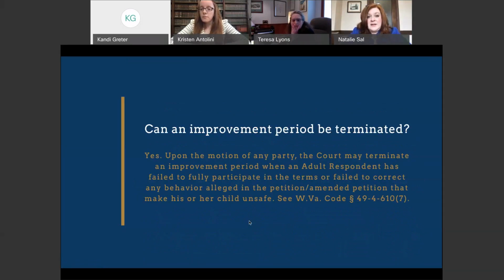And as guardian ad litem, it is really incumbent upon you, if you know that parents are not participating and they truly don't seem to be making any progress and people are just spinning their wheels, to report that by way of a motion to terminate that improvement period, because at that point you are allowing time that is very precious to a child to be wasted, and we don't want that to happen.